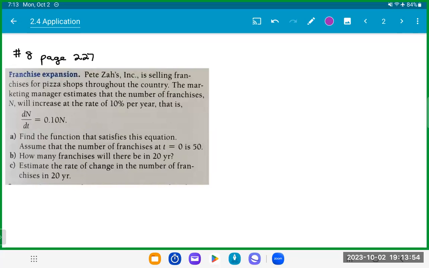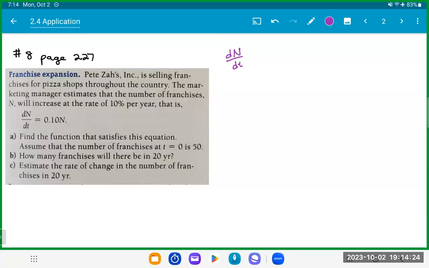So remember, if we want to just know the number of franchises, then we're going to use our initial formula, plugging in 20 for time t. When we want the rate of change, remember that is the derivative. So we'll take the derivative and then plug in 20 to determine what our rate of change is at 20 years.